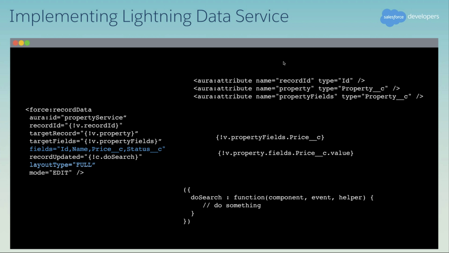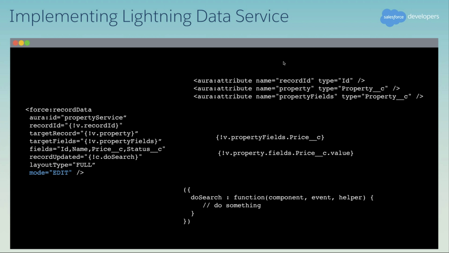And then finally, we have the final attribute, and that is mode. Mode equals edit means that we are now actually going to be able to edit this particular record. So backing up, without mode equals edit, force record data is always in a view mode. So it is looking at the record, but it is unable to actually update that record.